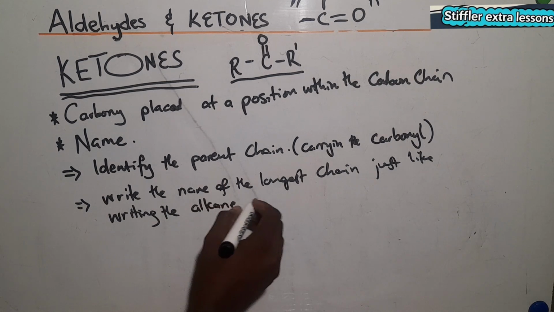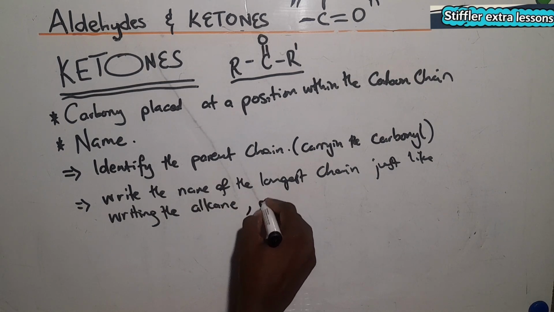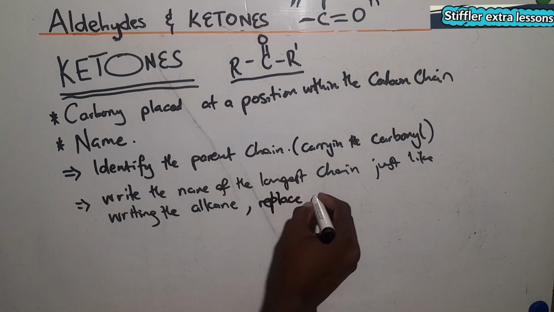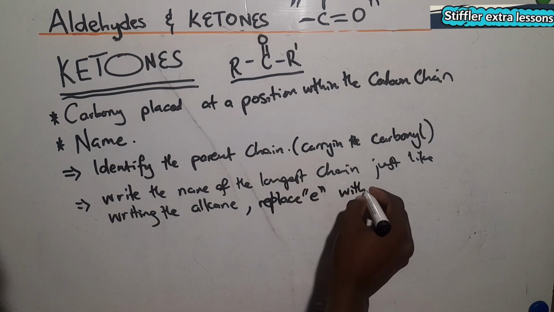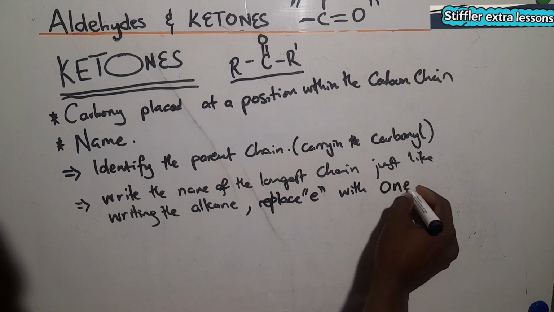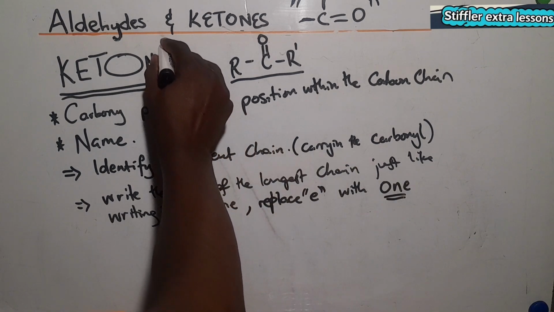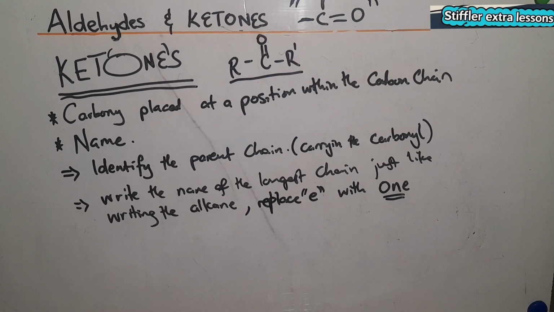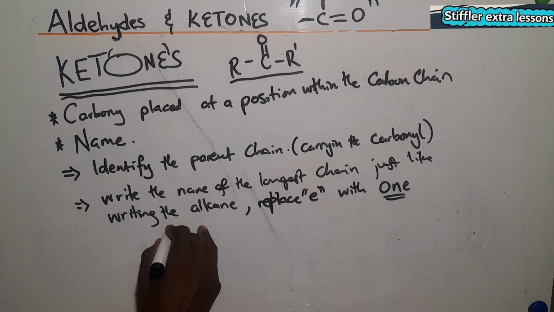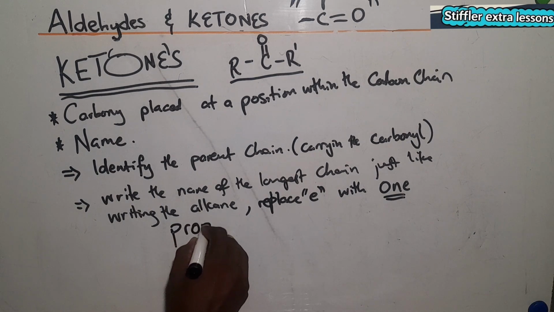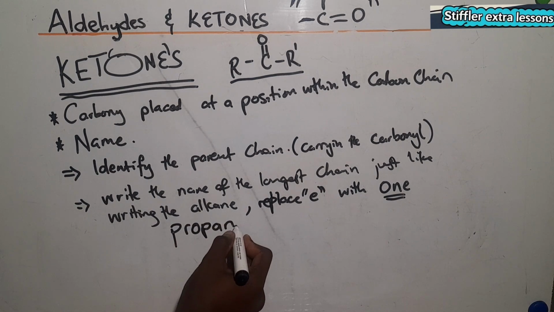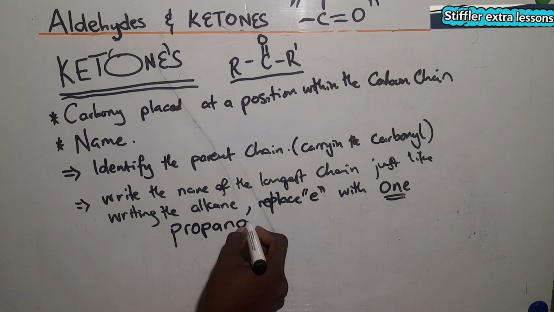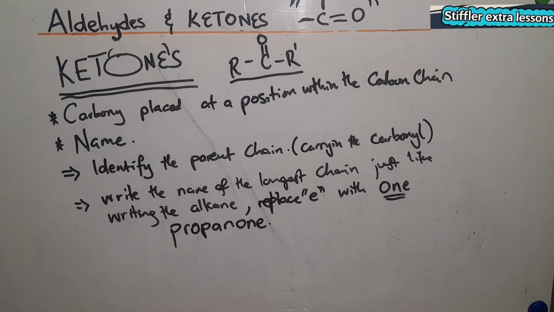So just like we are writing the alkane, but now we replace that E at the end of the alkane with O-N-E. Now we replace it with O-N-E, just like that, right? Just for an example, if it is having 3 carbons, then that will be propanone, as if we're saying propane, but now we replace it with one, like that, right?